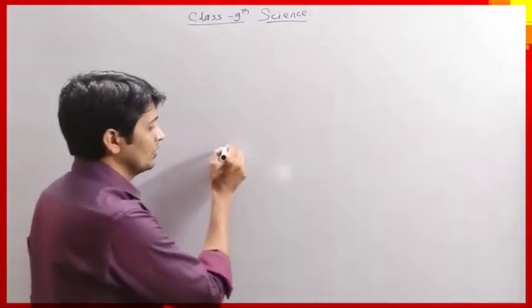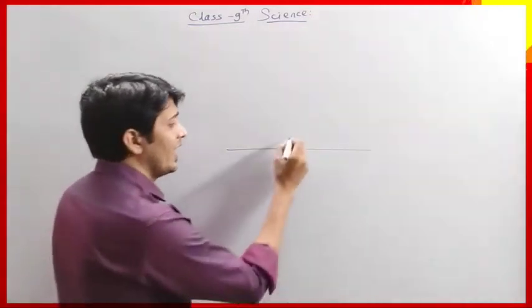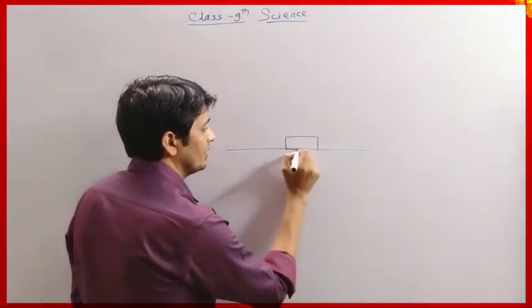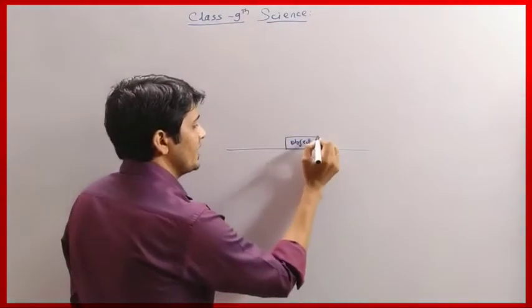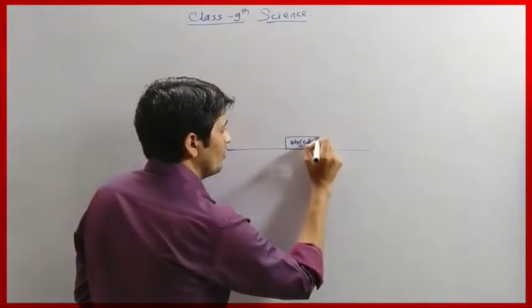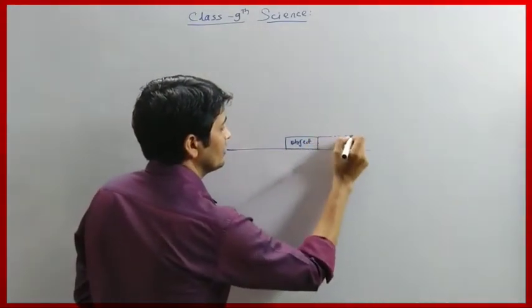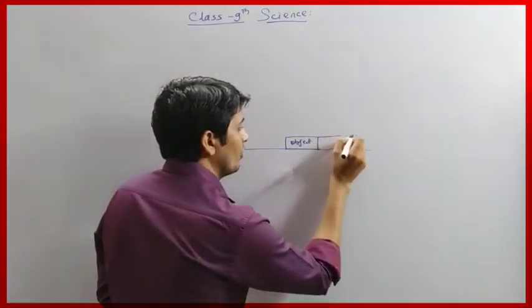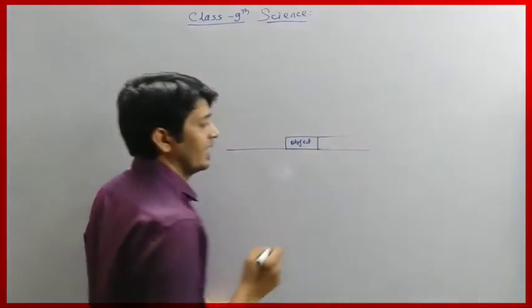Suppose this is the surface and an object is kept here. The object is tied with a string. This string applies force in the right direction, along the x-axis.